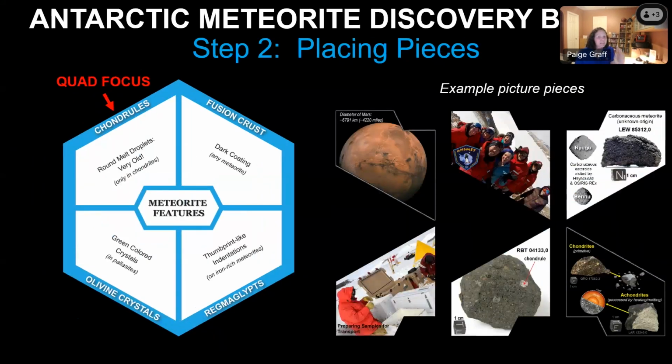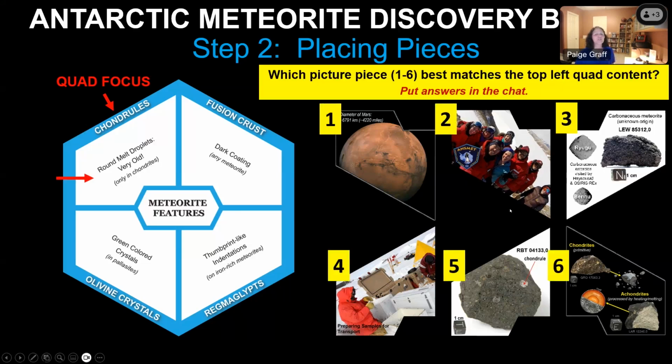So once learners have gone through the Get Focused handout and they have a sense of what information is going to be covered within these different hexagons and the themes, then the next step is to have them start placing pictures on the hexagons. So I have some sample pictures here, and here's where I'm going to ask for a little bit of your help in the chat.